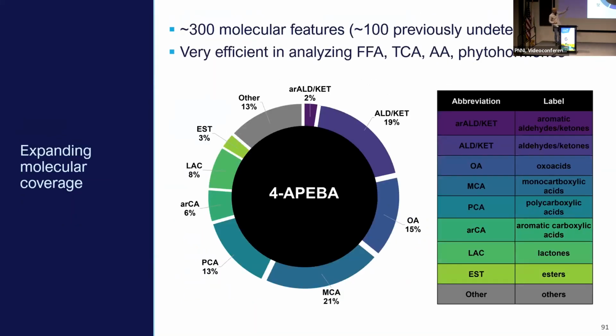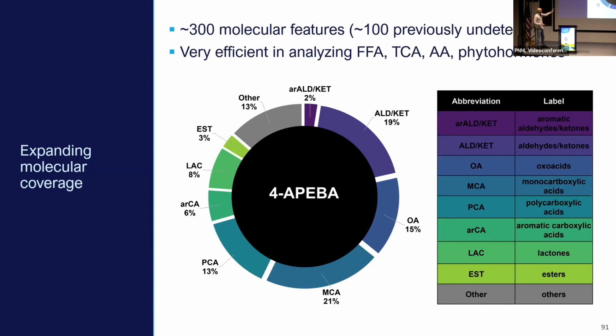So this is one figure that shows how this workflow can help in expanding the molecular coverage of analytes. Here you can see that usually with this workflow, depending on what sample we analyze, on average around 300 to 400 molecular features we can annotate, and 100 of them are previously undetected by our conventional mass spectrometry imaging workflow.